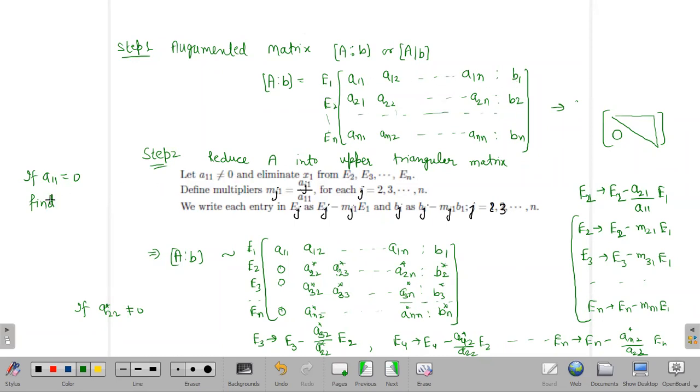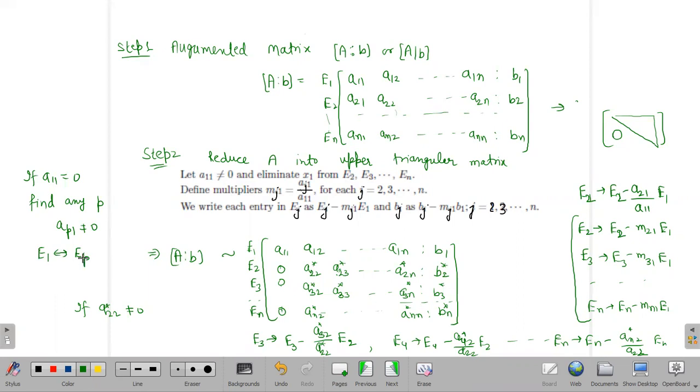I'm writing in general here: if A11 is equal to 0, then you find any P such that AP1 is non-zero, because in the first column I'm looking for a non-zero number. If I find in the Pth row that AP1 is non-zero, then I will replace E1 with EP. So this is the procedure.